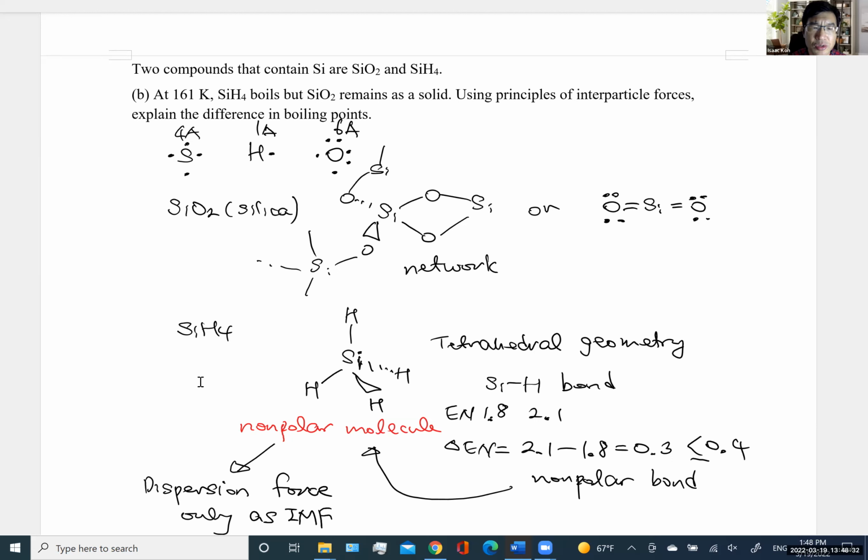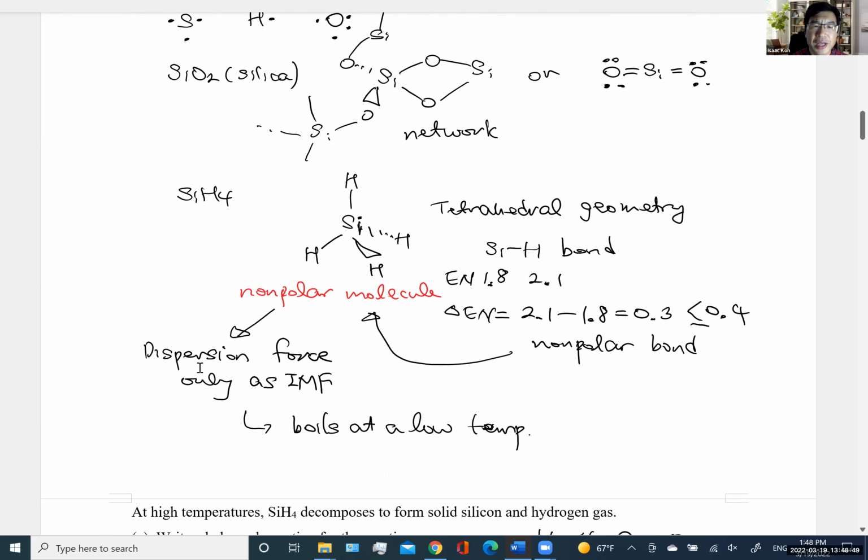What about silicon tetrahydride? Silicon tetrahydride has a different structure. Silicon is at the central position and hydrogen at the corners of this tetrahedral shape. Let's think about the electronegativity and electronegativity difference between silicon and hydrogen, each covalent bonding. The electronegativity value is 1.8 for silicon.